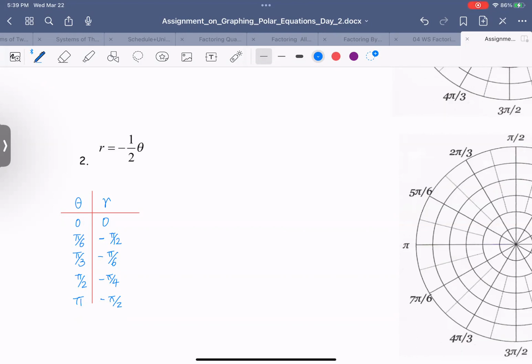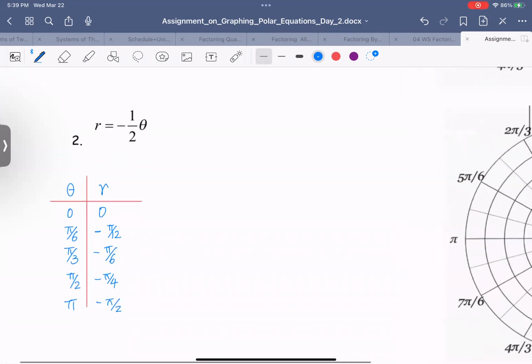So you want to first change this radius to be positive. So if you change this guy to be positive, 你的 theta 要去加一个 pi. So if this is pi over 12, if you need a radius pi over 12, this one becomes 7 pi over 6. 然后下面这个是 pi over 6, 然后这边就是 4 pi over 3.